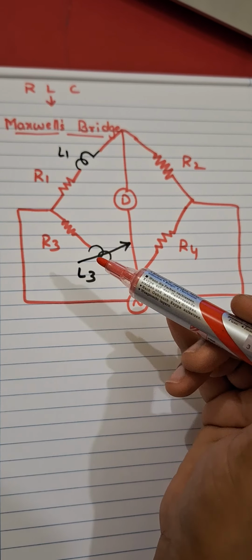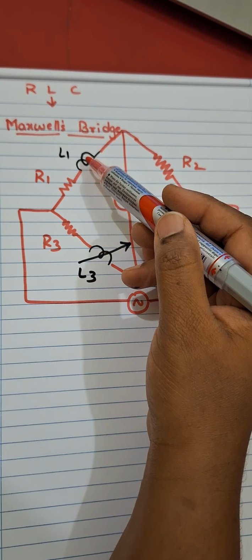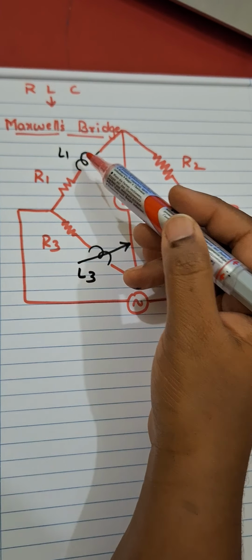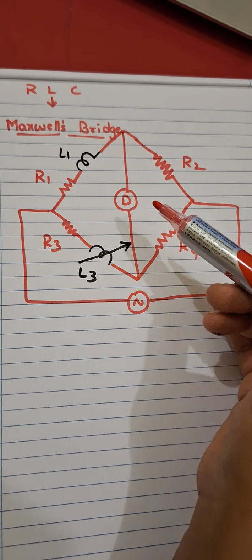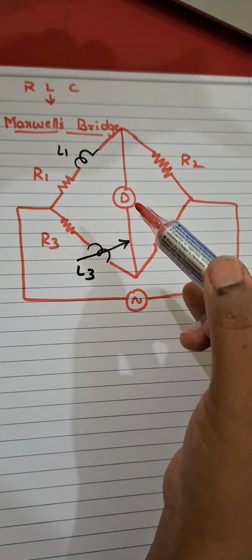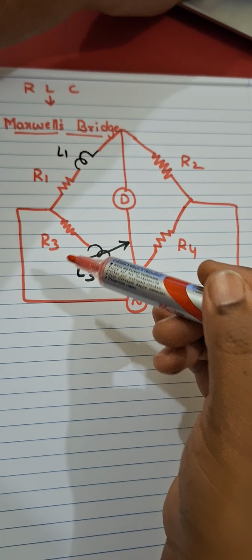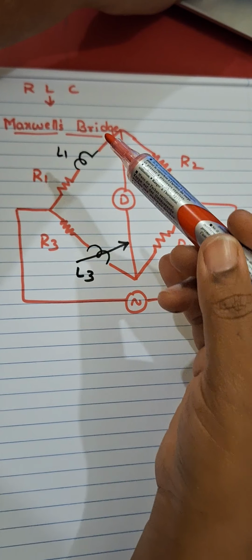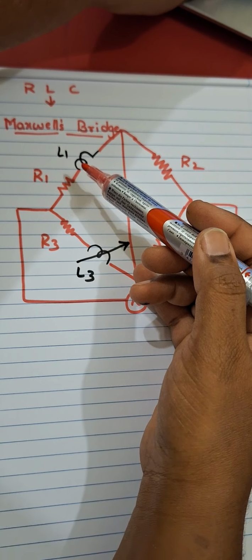Okay, so here we are going to keep an unknown resistance and unknown inductance, and then we will keep our known resistors with a variable inductance. That's it. So this is a detector. Now the L1 can be found out, so that the magnitude of L3 should be of the same order as that of this L1. Okay, so now we need to balance the bridge.